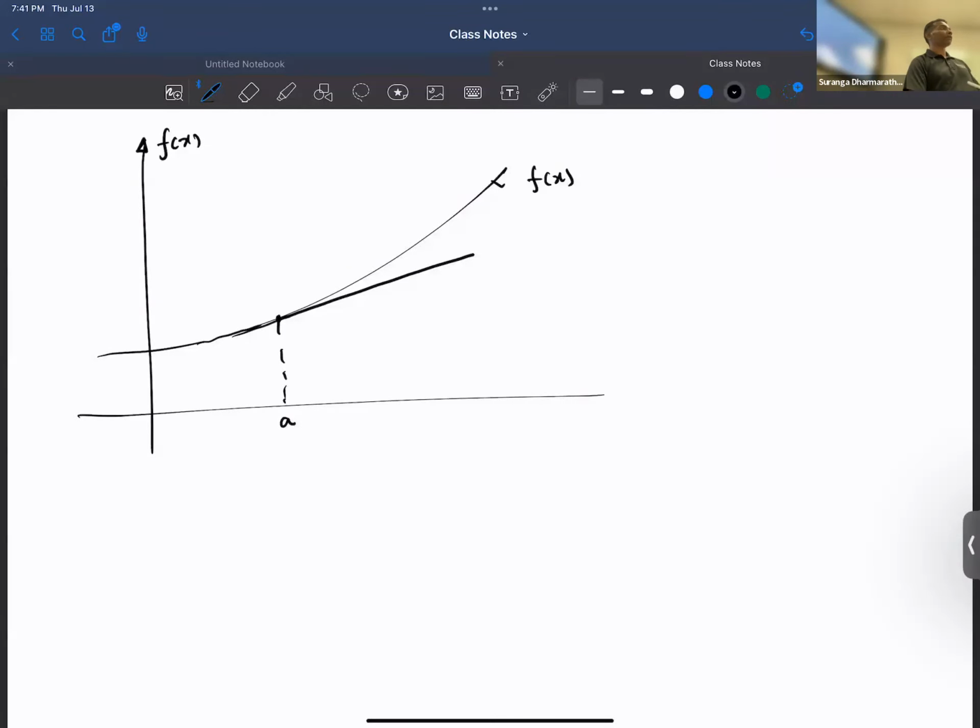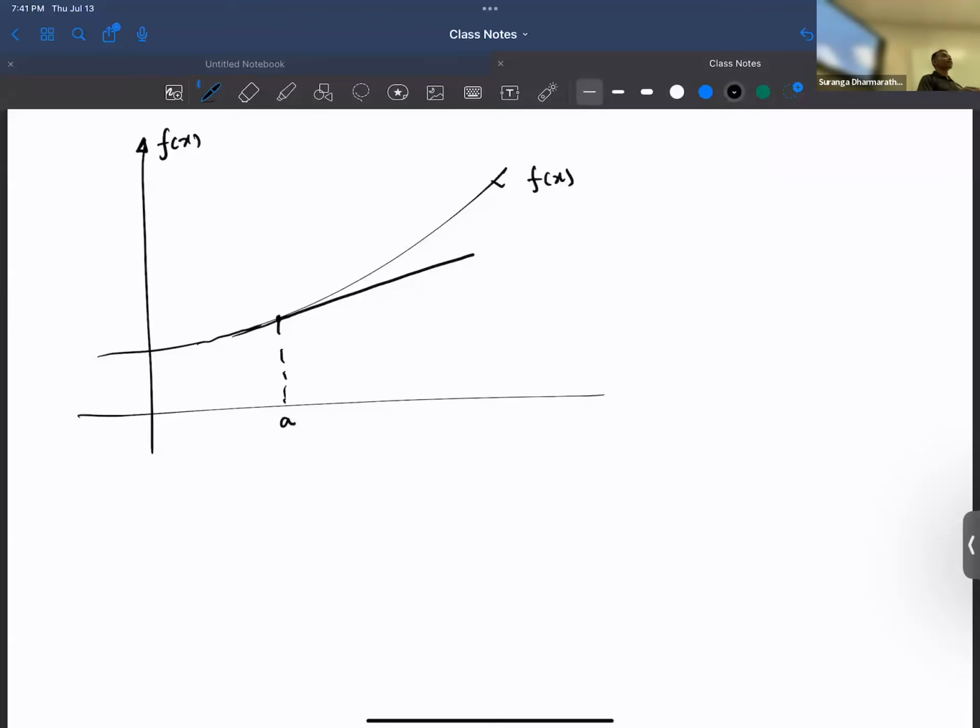So what is the slope of this tangent line at x equal a, if the function is f of x? You know the answer, but you don't tell me. The slope of the tangent line is equal to the derivative of the function at that point.